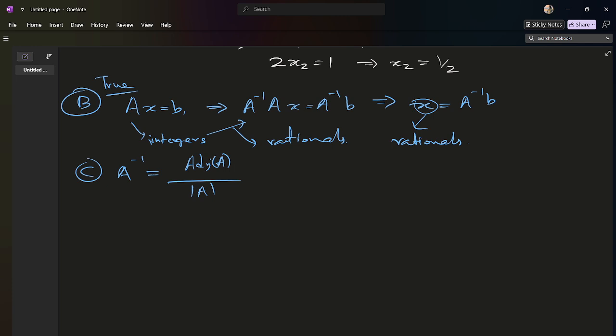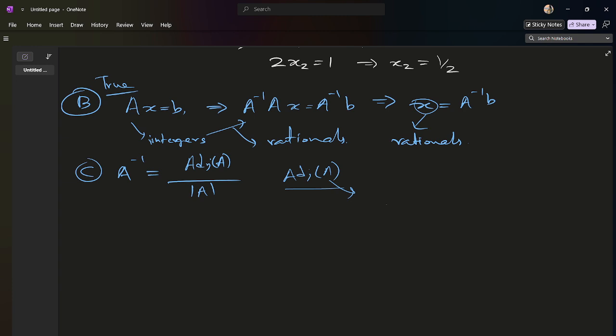So adjoint A will clearly have all integer entries, because the entries of adjoint A are the cofactors of the elements.